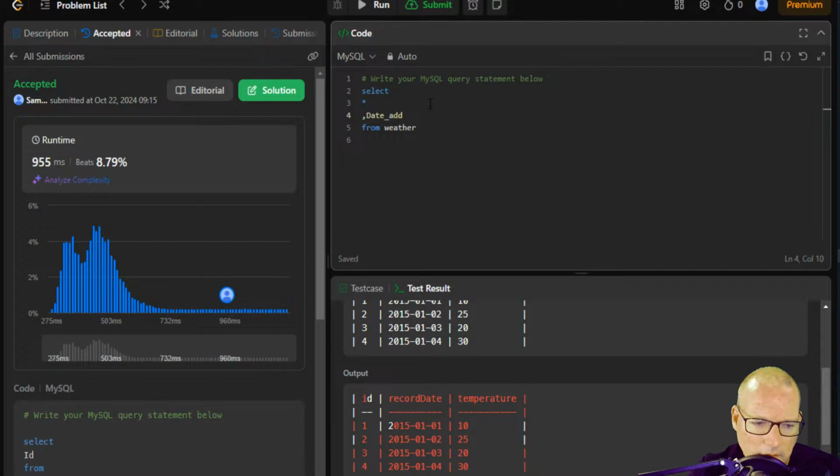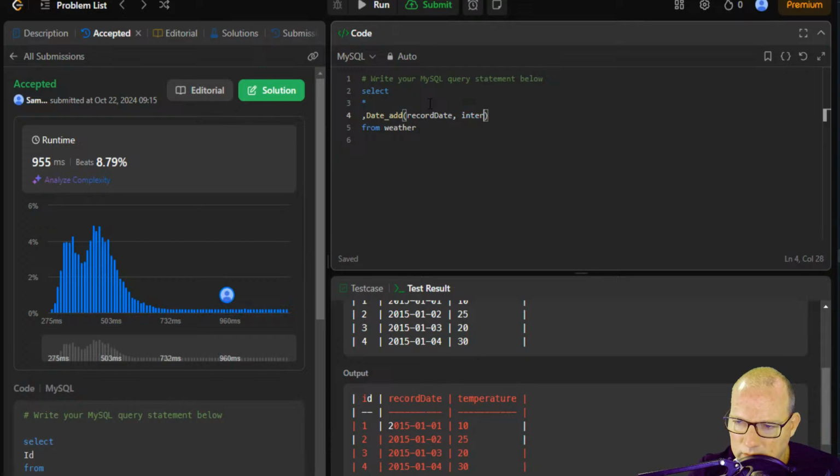Then take record date, then comma, right? Comma, then interval.